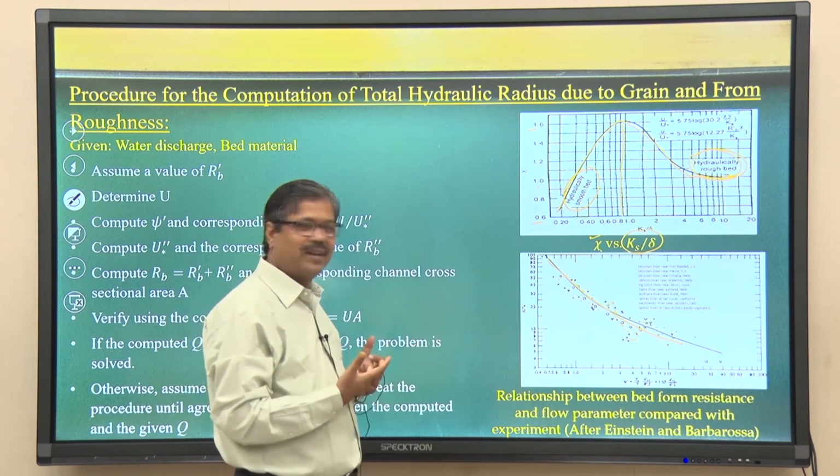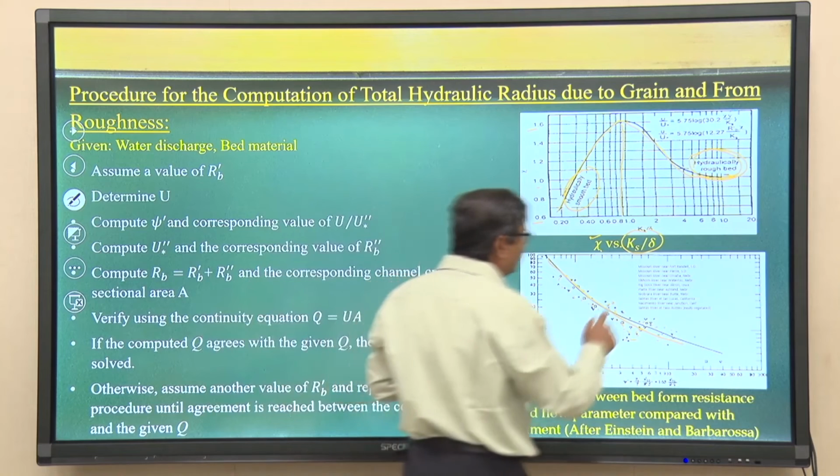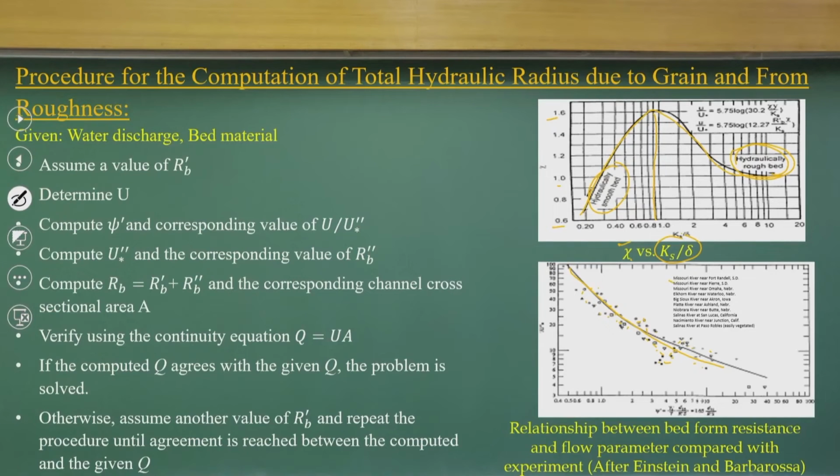That is the river characteristic. These are the Missouri River and different rivers, mostly from the United States, and if you plot those river data and try to establish these equations, that is what is there.